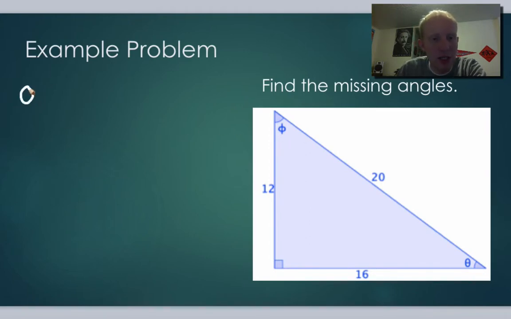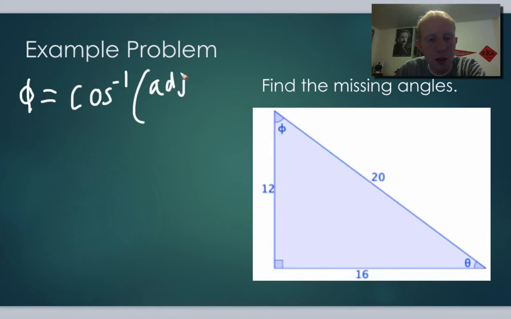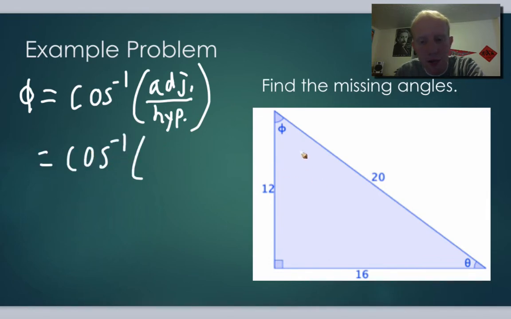So in this case, phi is equal to, let's do cosine inverse of adjacent over hypotenuse. Okay, and in this case, it's going to be cosine inverse of the adjacent side is 12, the hypotenuse is 20, so cosine inverse of 12 over 20.